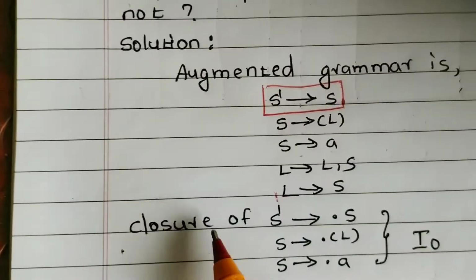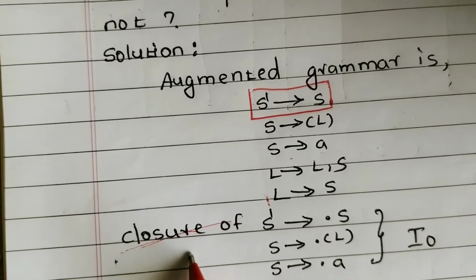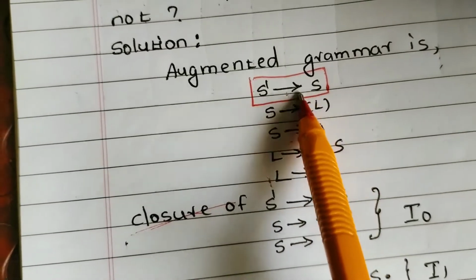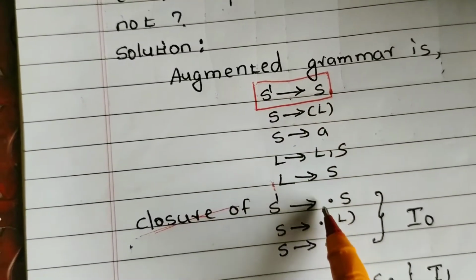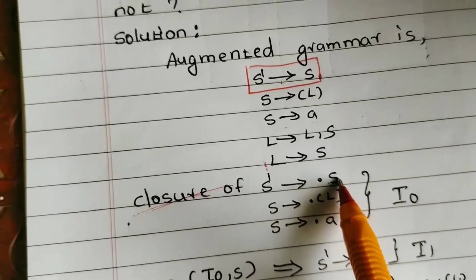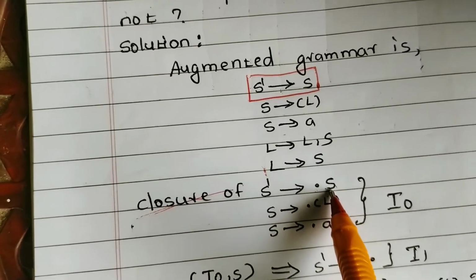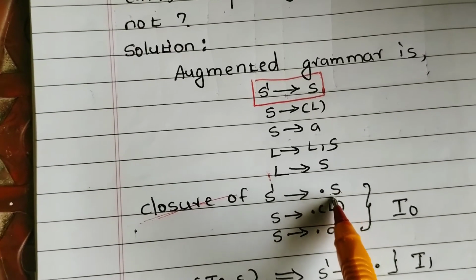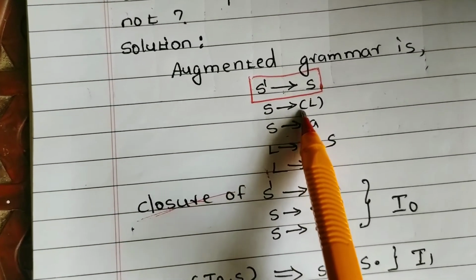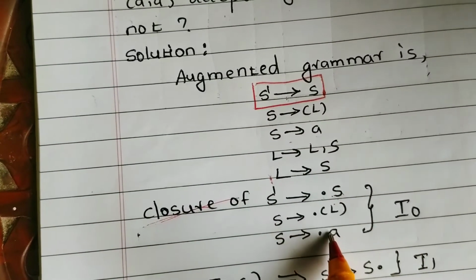Now the next step is to find the closure. How can we find it? S' tends to S, and in this production we simply add a dot: S' tends to dot S. Now after the dot a non-terminal exists, so we have to write the further productions of S. S has two productions: S tends to (L), and S tends to A. We write these two productions.